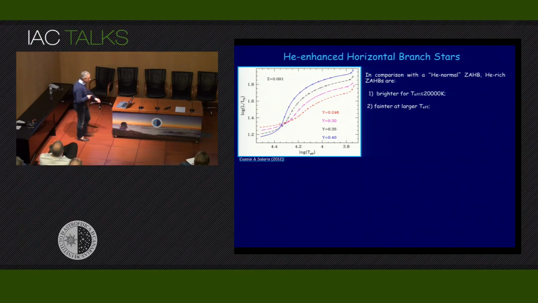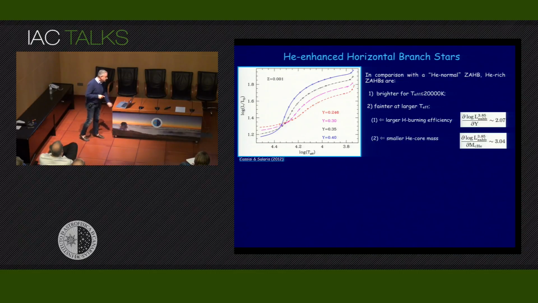This is due to the dependence of the luminosity of the horizontal branch on both the helium abundance in the envelope and the helium core mass. Here, when you increase the helium abundance, the helium core mass decreases, but the dominant effect is the fact that the luminosity depends also strongly on the helium abundance, so the stars get brighter. Here, since the hydrogen-burning shell is almost switched off, the only parameter that is relevant is the helium core mass, so since the helium core mass decreases, the luminosity has to decrease.